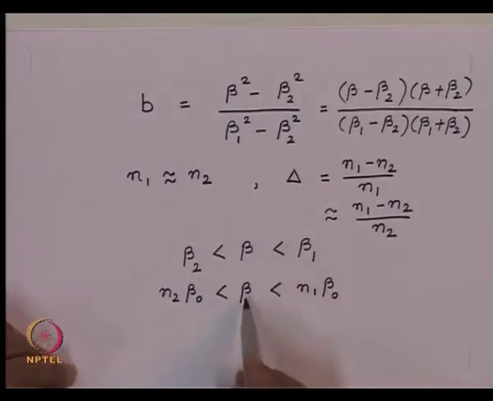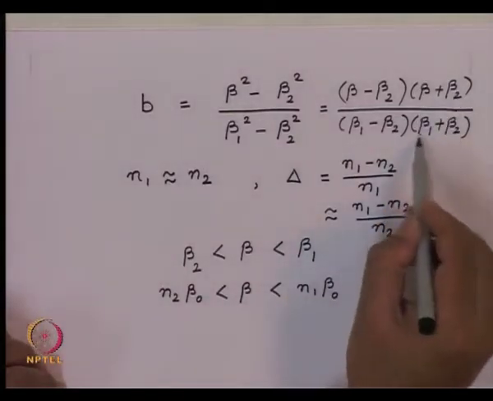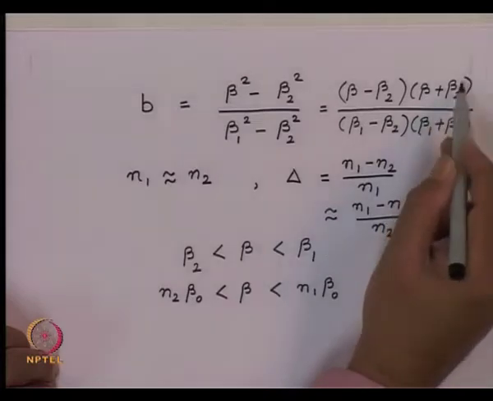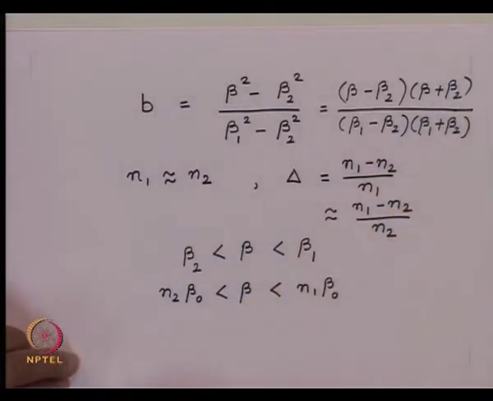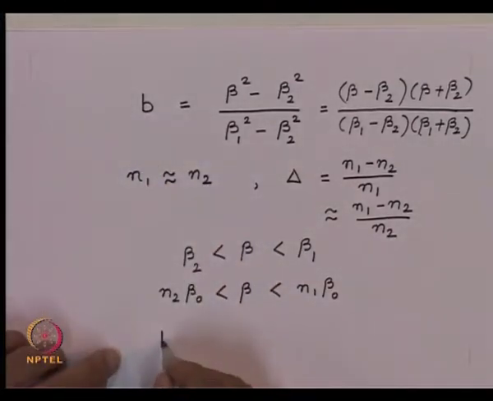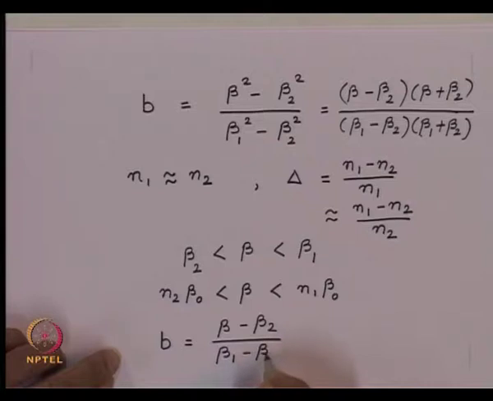Now since beta 1 and beta 2 are very close to each other, this beta plus beta 2 is almost equal to beta 1 plus beta 2. So we can say this is approximately equal, so this can cancel. So we can linearize this relation as beta minus beta 2 divided by beta 1 minus beta 2.